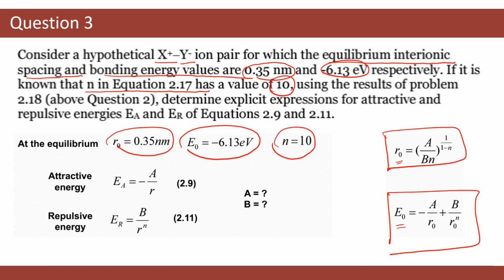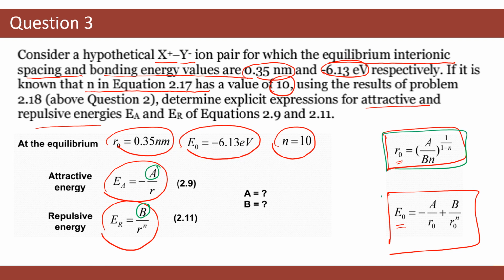Using the results of the problem in the previous question, determine explicit expressions for attractive and repulsive energy. They are asking you to find this and this, but to find these two, you need to know A and B. Am I right? So you have these two equations. You got this from the previous one.